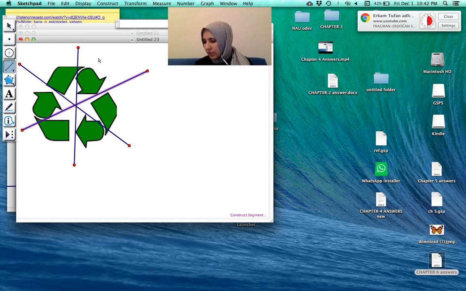Question 13. Does the recycling symbol have rotational symmetry? Explain. I can say the recycling symbol has rotational symmetry because the angle is 60 degrees, which makes it an equilateral triangle. Question 14.